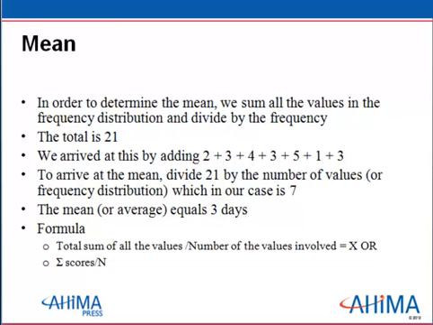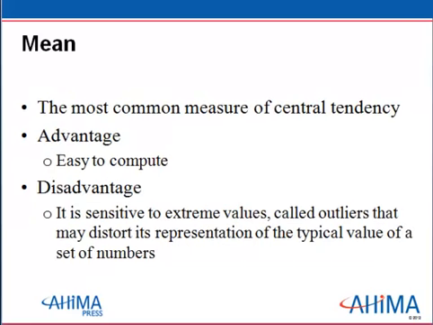After we sum all values in that frequency distribution, we can divide by the frequency, or how many values there are. In this case, we have 7 values. So in this example, 21 is the total we get from adding all of our values, and we divide that by the number of values, which is 7. The mean in this case is 3 days.